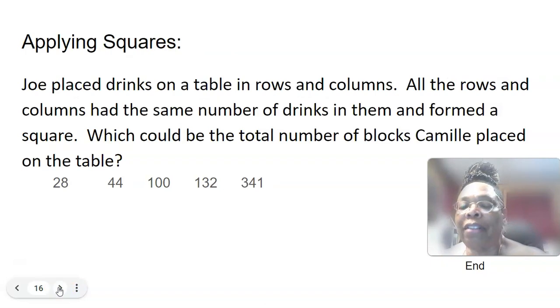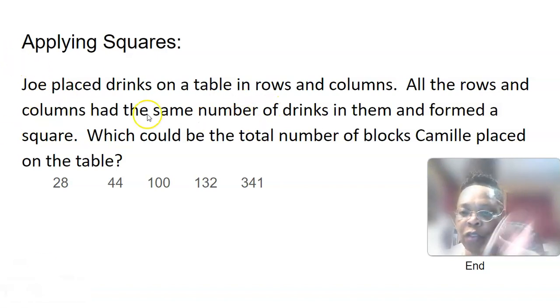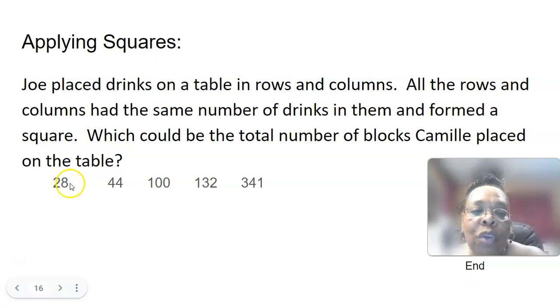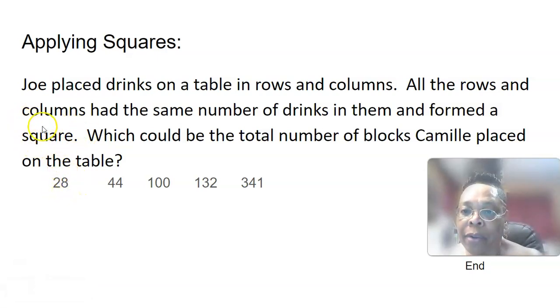Joe placed drinks on a table in rows and columns. All the rows and columns had the same number of drinks in them and formed a square, which could be the total number of blocks Camille placed on the table. It's supposed to be Joe. We know it cannot be 28 because it says it's a square.